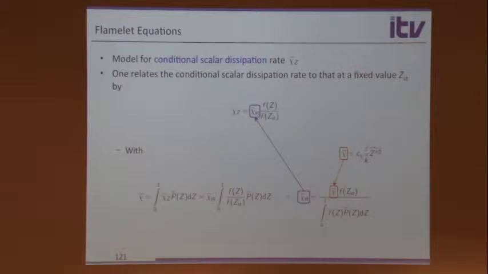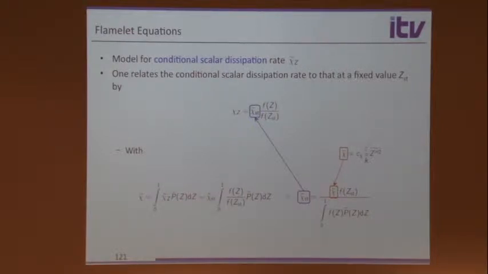Okay, so then the question is, how do I get the chi at z stoichiometric? And there are ways to do this. Also here, the mean dissipation rate. This is what I have for my model. This here is equal to epsilon over k times the variance. But this is just the integral of chi, and chi is a function only of z. This is chi times p of z dz.